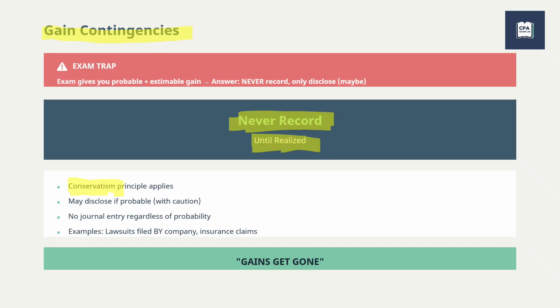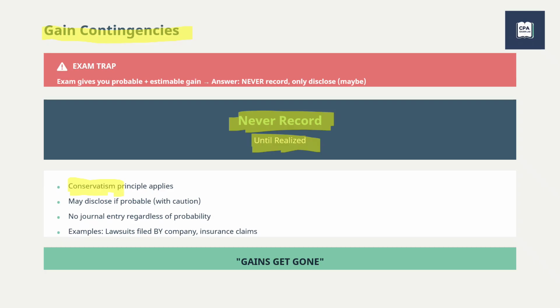Here's the exam trap you might see. The exam will give you a gain contingency that is probable and estimable. Maybe they describe a lawsuit where you filed it, and your lawyer says it's probable you will win 500,000. Then they ask you, what should you record?